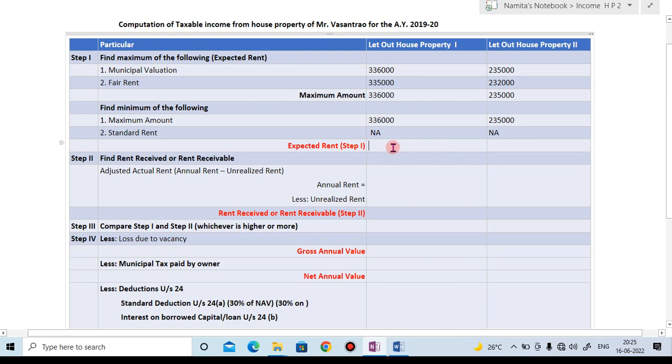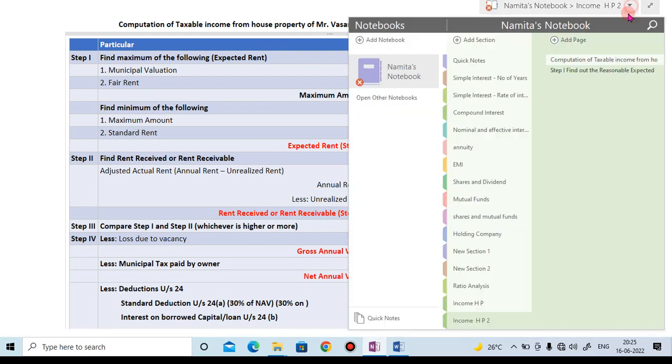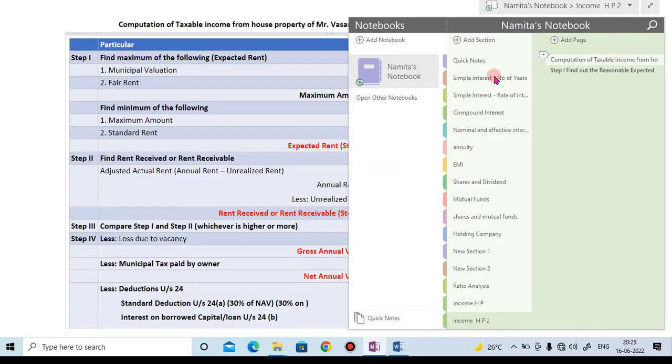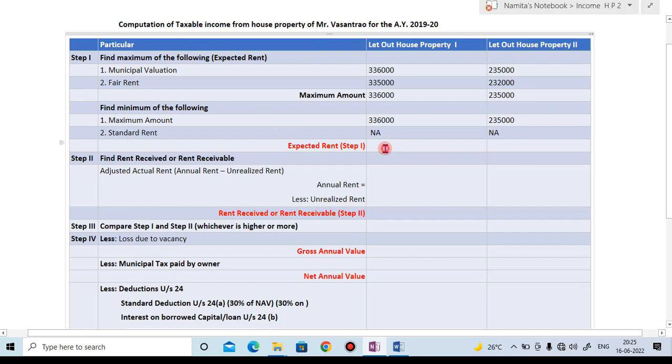Now read this first case: where the standard rent is not applicable, then expected or reasonable rent will be what? Municipal valuation or fair rent, whichever is higher. So in step number 1, we have to find the expected rent. Now standard rent is not applicable.